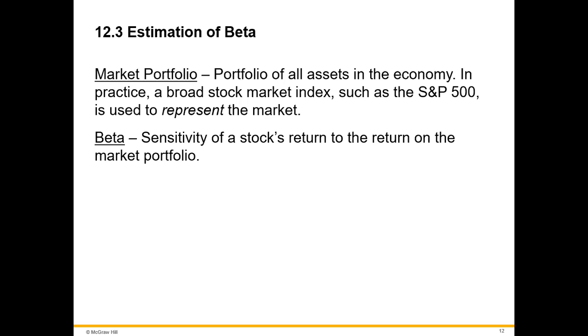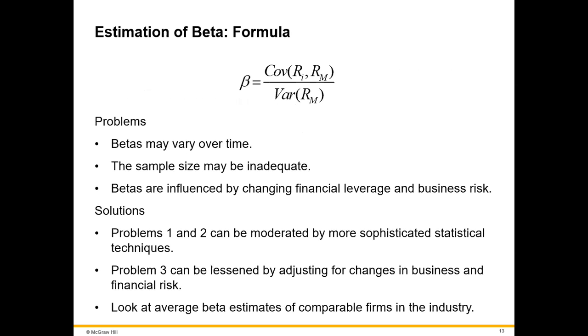Beta is the sensitivity of a stock's return to the return on the market portfolio. And that's what that formula defines, a particular stock's sensitivity to the market return. And there it is again.